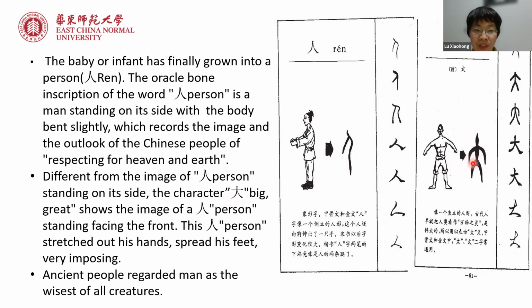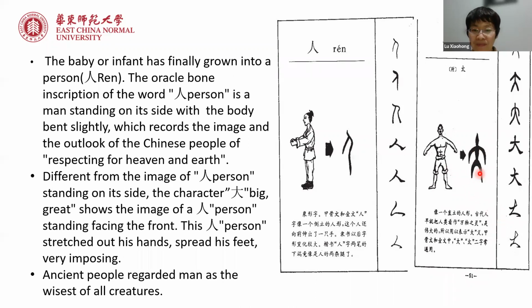It shows the image of a person standing facing front. So this person stretched out his hands and spread his feet, his legs. So very imposing. So Asian people regard man as the greatest of all nature.